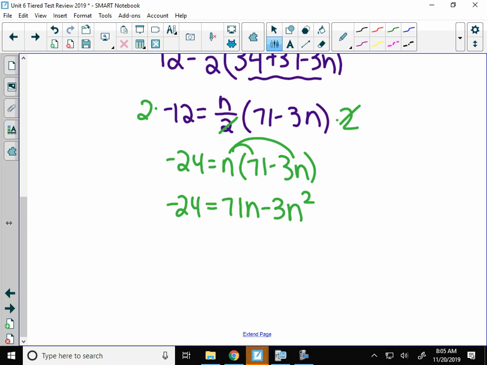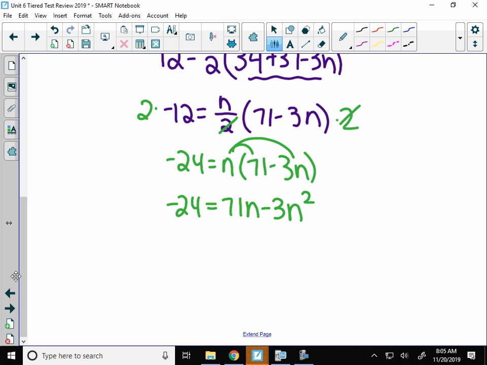Just like the other extension problems, I'm going to put this into a form so that I can factor it or use the quadratic formula. You could move the 24 from the left over to the right. When you do that, though, you have a negative in front of the n squared, which is okay. You're just going to have to factor out a negative GCF so that you can factor. Or you can use the quadratic formula.